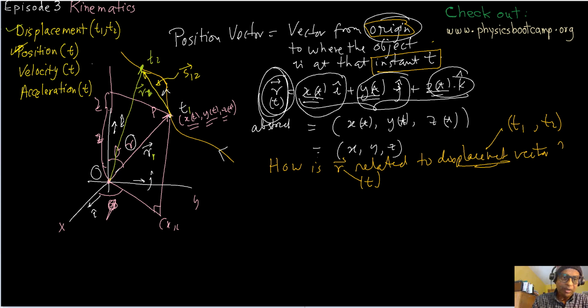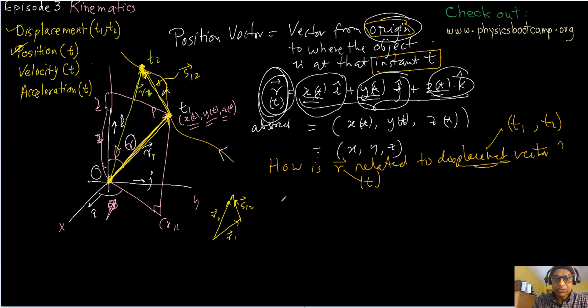So you can see that I have three vectors. You have R1 vector here in that direction, and the displacement vector this way, and then I have a final vector that way. So if I start from here, go here, and then I continue that direction, this one is coming from here and reaching the same place. So clearly in this triangle, using the previous notations, you can see S12 vector, and this is R1 vector, this is R2 vector.